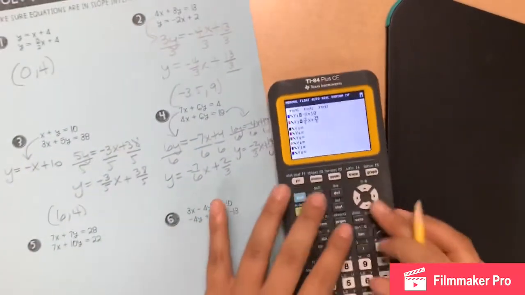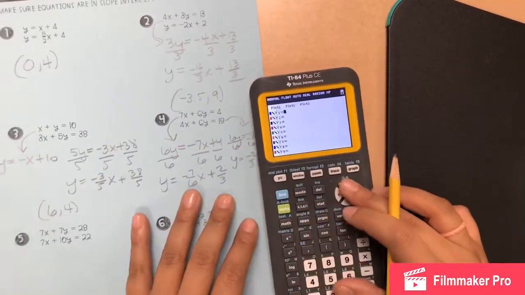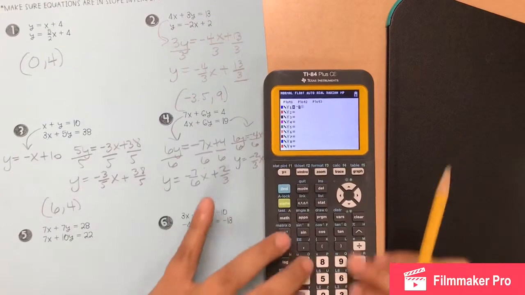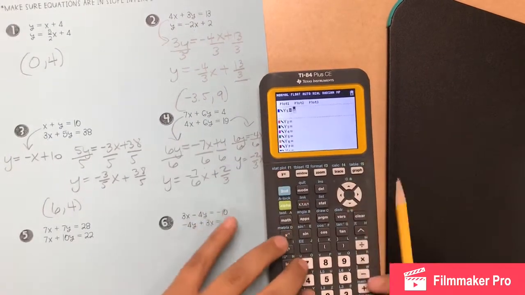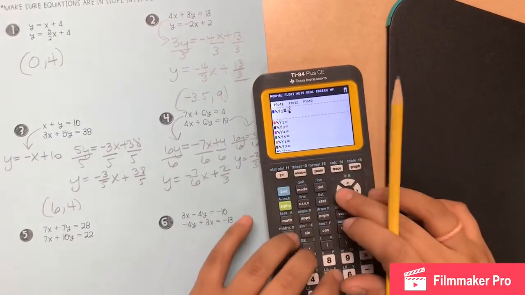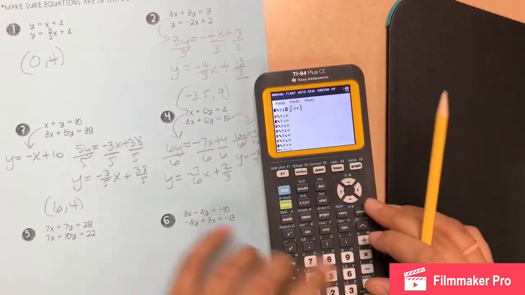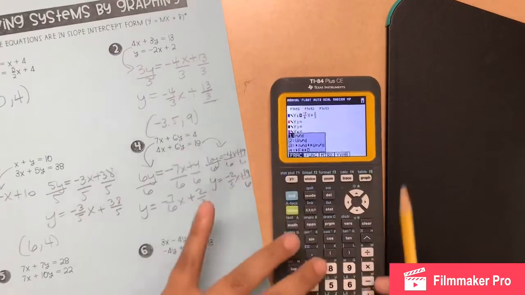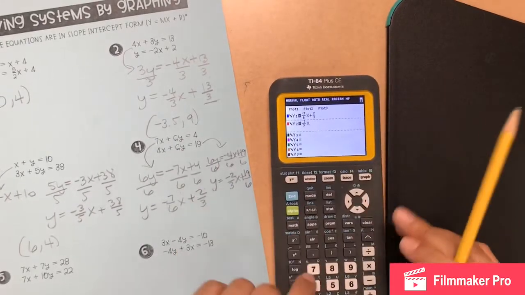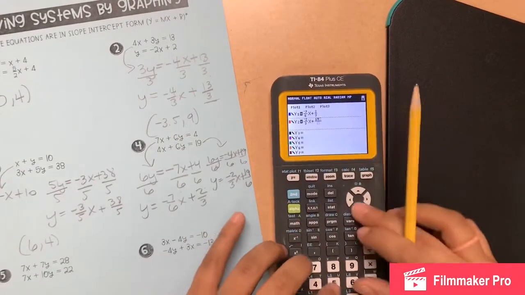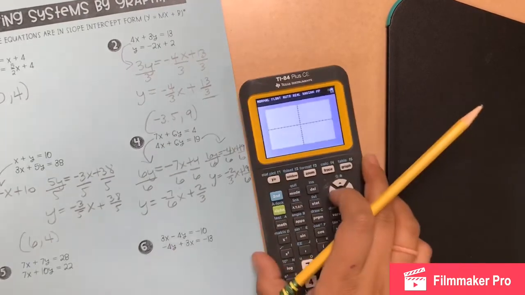Then we type it into y equals. Negative 7 over 6x plus 2 over 3. The second one is negative 2 over 3x plus 19 over 6. Okay, let it load.